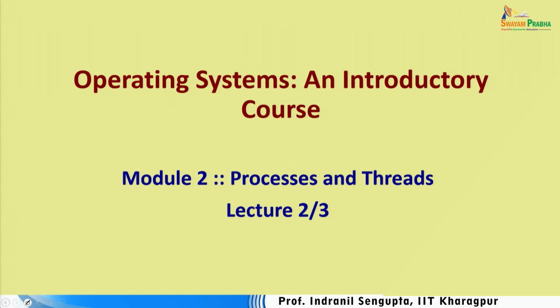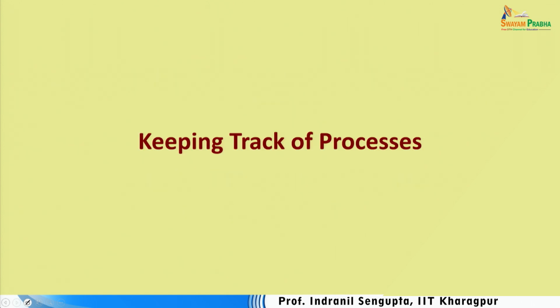So, one of the responsibilities of the operating system is to maintain information about the processes, in which states they are, and to manage them in some way. So, the title of today's lecture is keeping track of the processes.